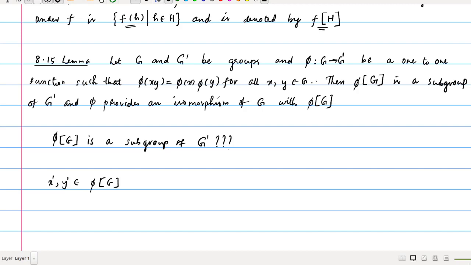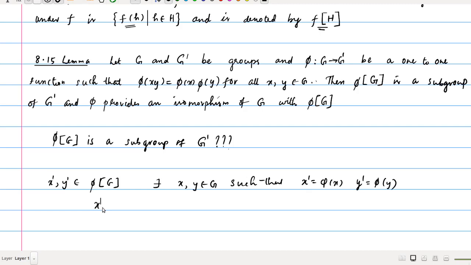Since these are elements of phi of G, there should exist x, y belonging to G such that x prime is equal to phi of x and y prime is equal to phi of y.